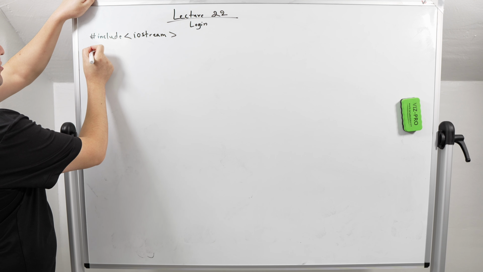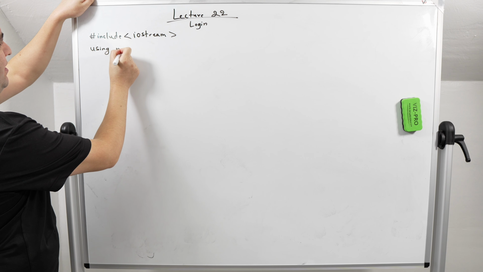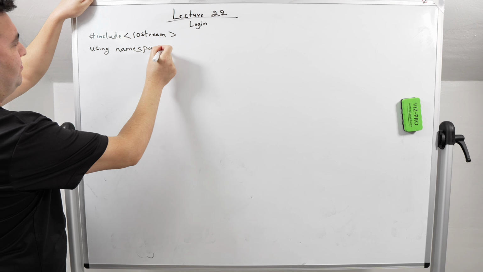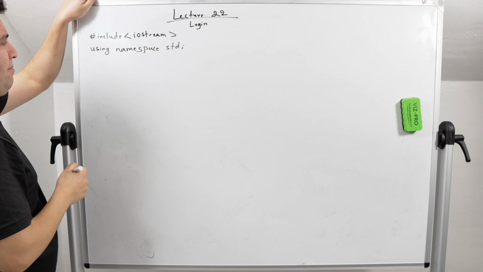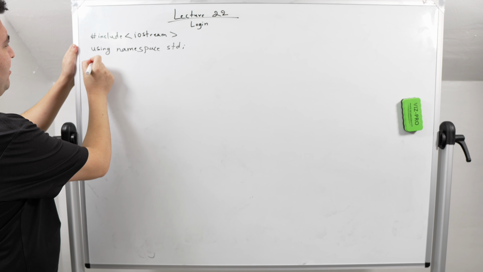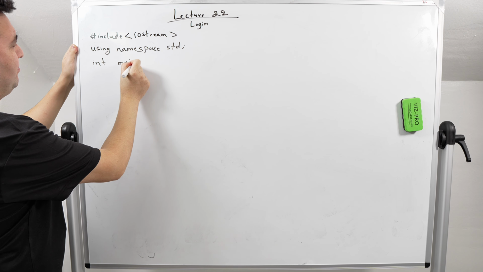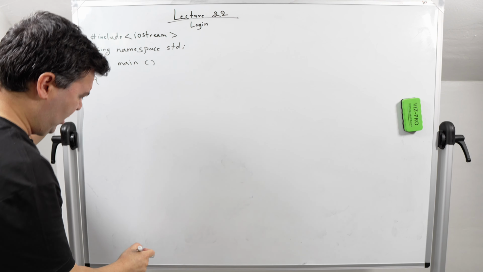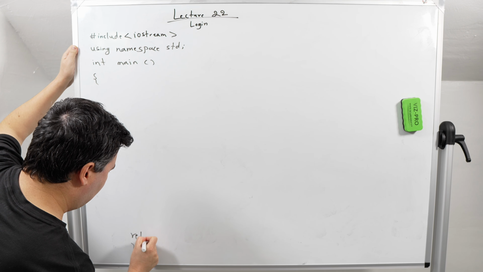Then we write using namespace std, which is the C++ standard library. Then we write our main function, int main. This is our main function. We open the main function and we close it, and the main function returns 0.